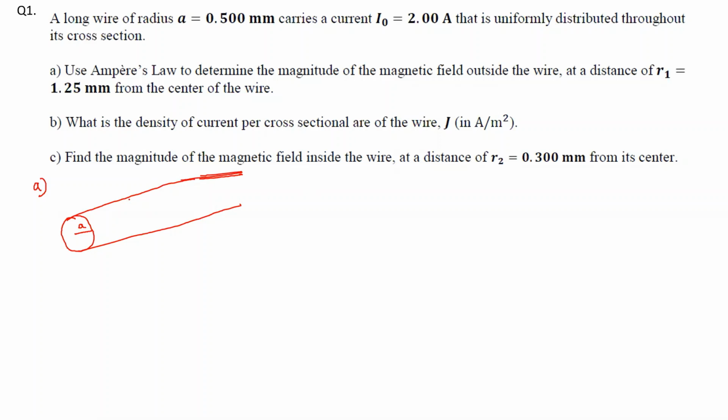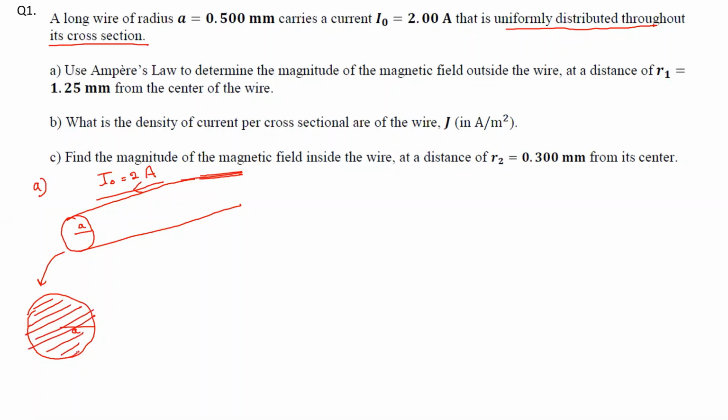And it carries current I naught, which is equal to 2 amps. And also they are saying current is uniformly distributed throughout its cross section. That means if I draw this cross section in a bigger scale, what it means is current is uniform throughout the cross section. So we will need it for the later sections. That is why they're talking about it.